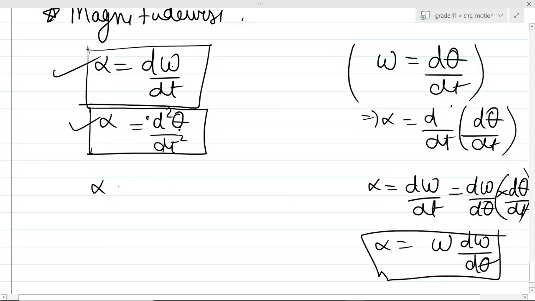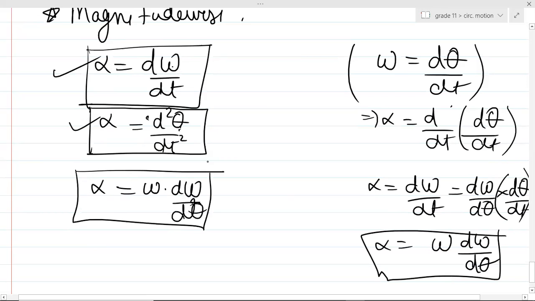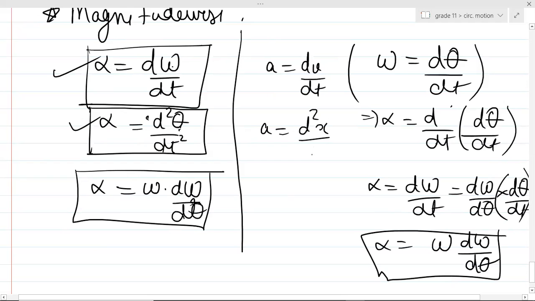See, all the formulas are similar. They might look new, but they are similar. If you remember, acceleration is basically dv by dt, acceleration is d2x by dt square, and acceleration is v dv by dx. Everyone remembers all these formulas?